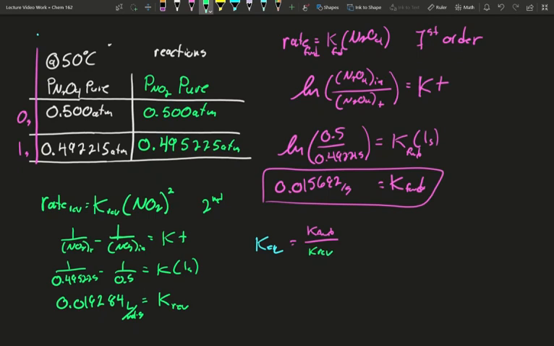Here's a quick footnote. You'll notice that we have different units for our Ks. Equilibrium constants are unitless. So either our units need to fully cancel or there's something wrong here. And while we do solve out our rate constants with units, if we're trying to relate them to equilibrium, we need to take the activities of all these values.